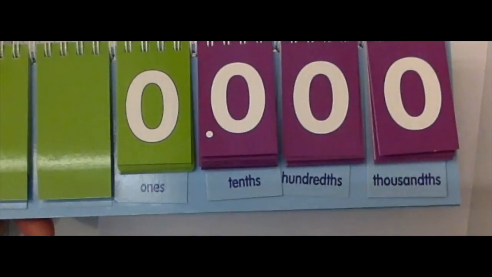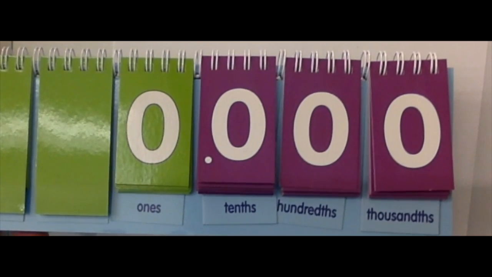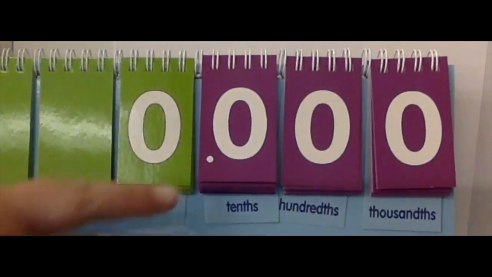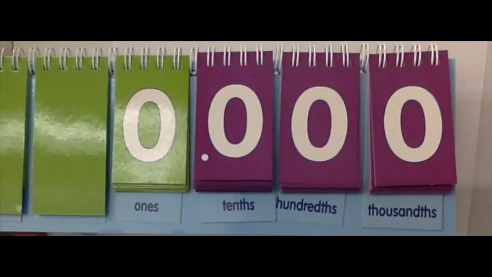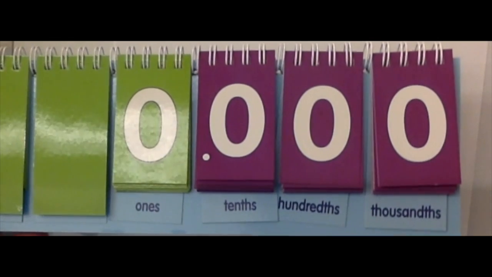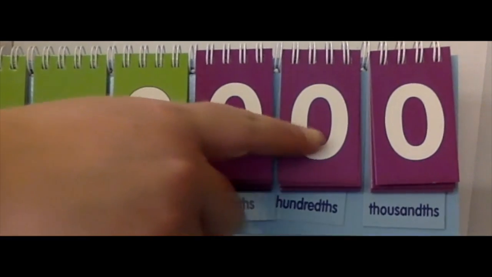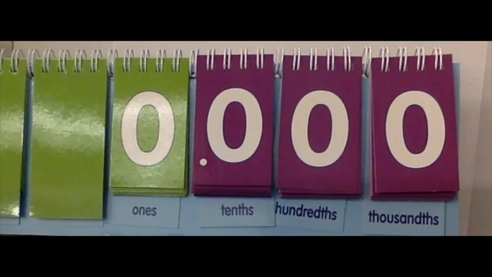Well, we know it's going to be in this purple part because we know the purple part of our place value chart is all parts of a whole. And we have the number hundredths there. But I have 25 and my place value chart only goes up to 9. So I'm going to have to use 2 spaces and end in the hundredths.